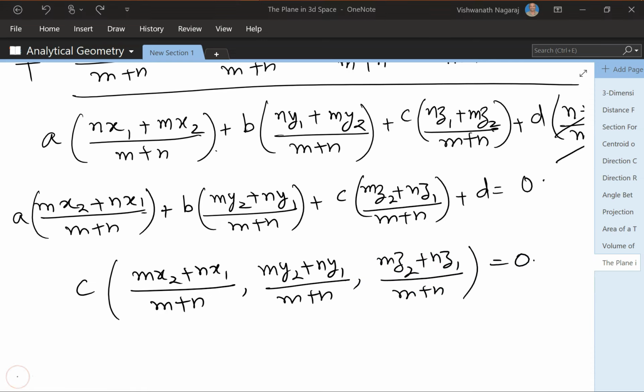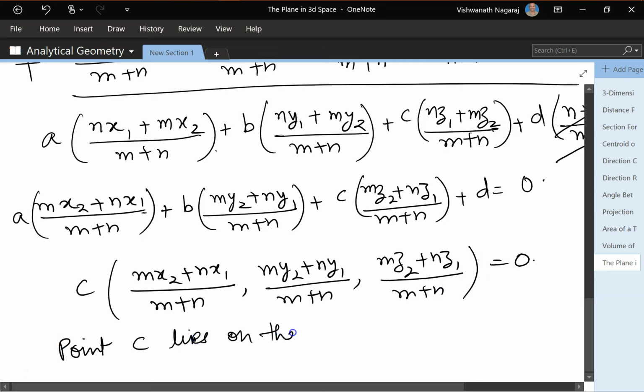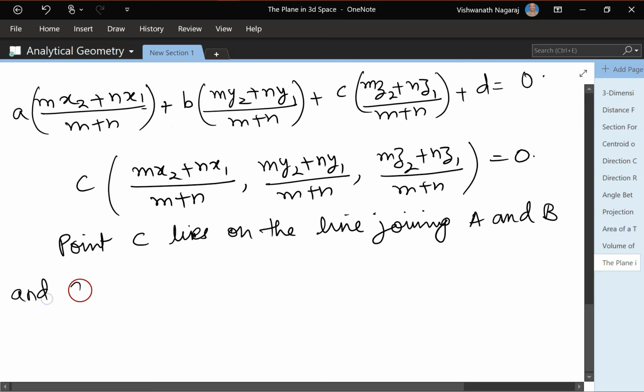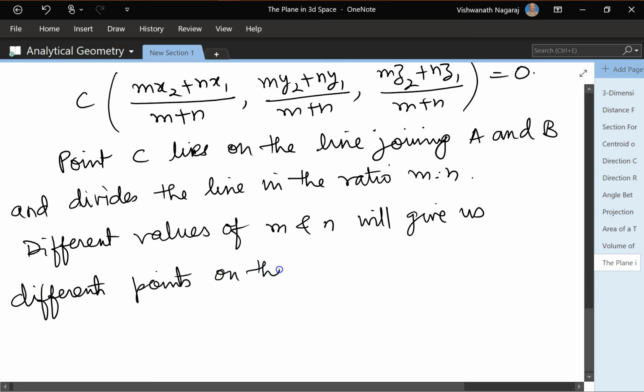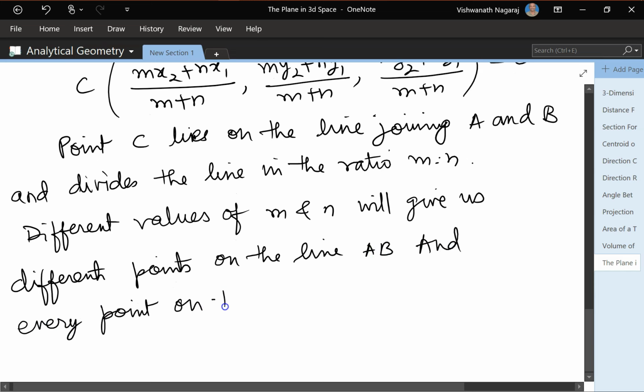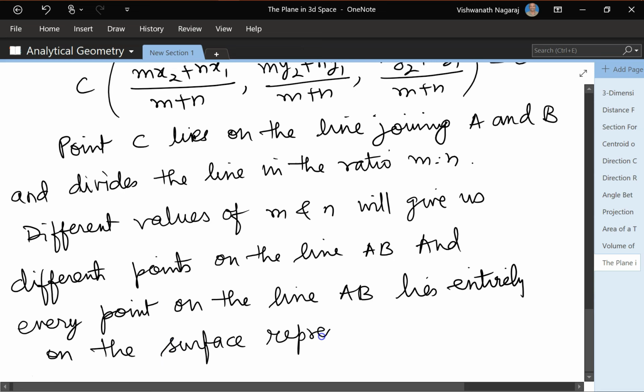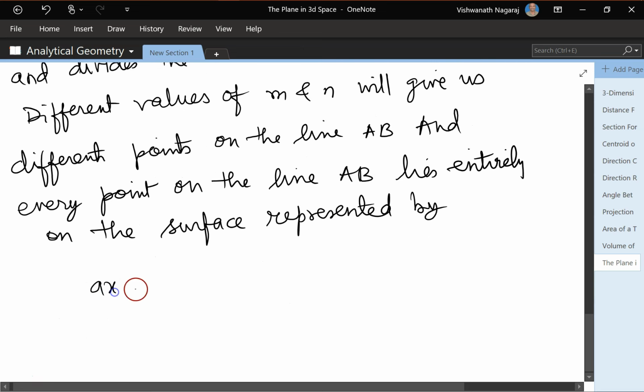And it also means that this point C lies on the line joining A and B and divides the line in the ratio m is to n, which also means that different values of m and n will give us different points on the line AB, and every point on the line AB lies entirely on the surface represented by ax plus by plus cz plus d equal to 0.